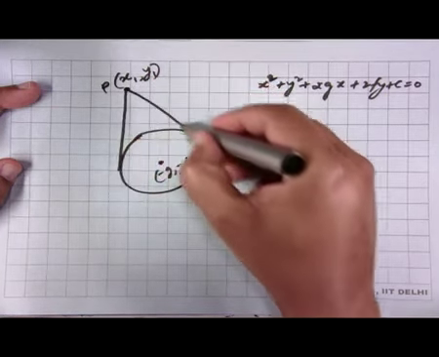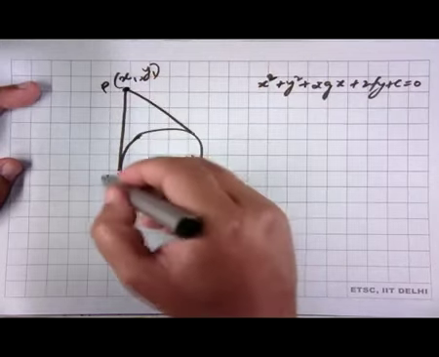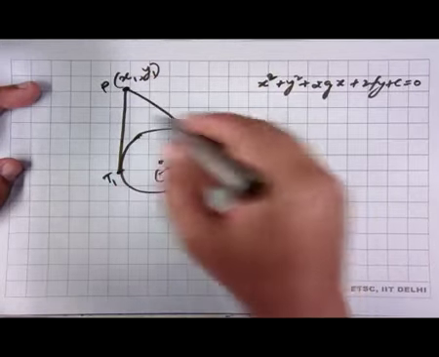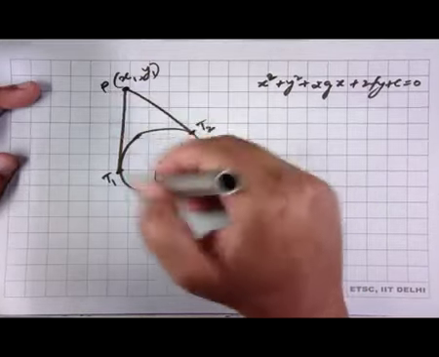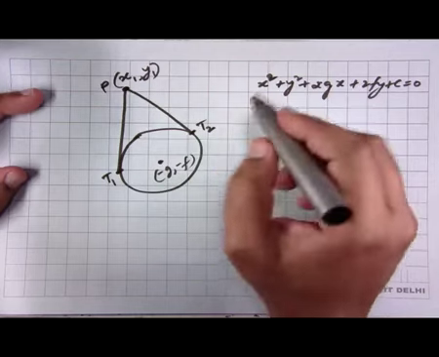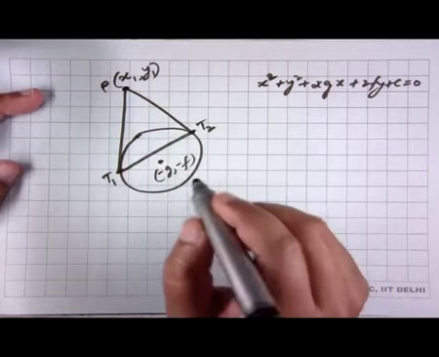So, clearly there are two tangents PT1 and PT2 from the point P to the given circle, and if we join T1 T2, it is nothing but a chord.